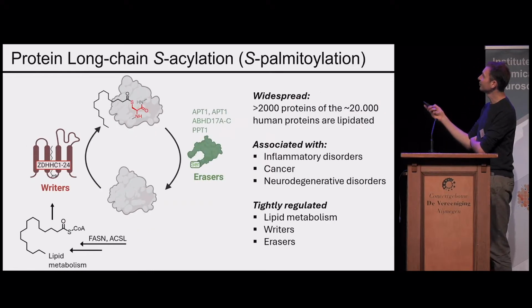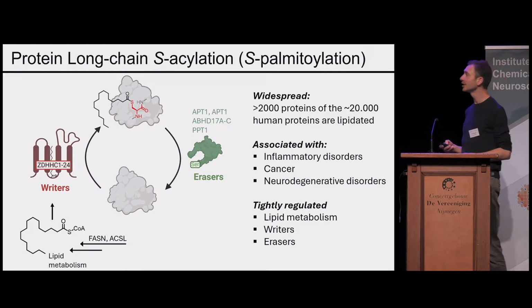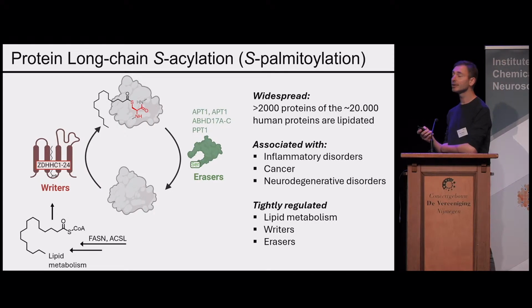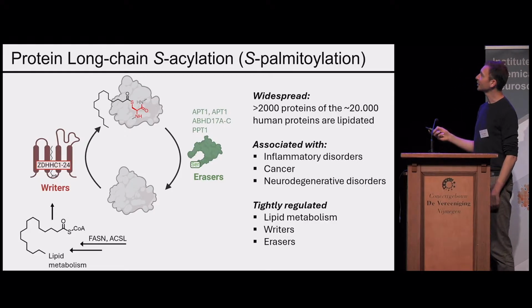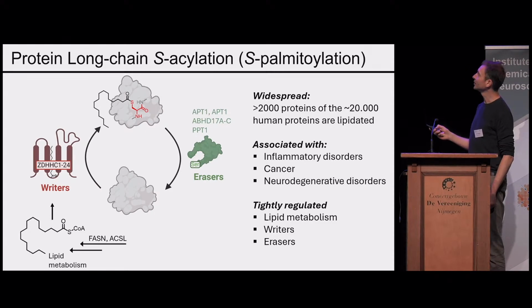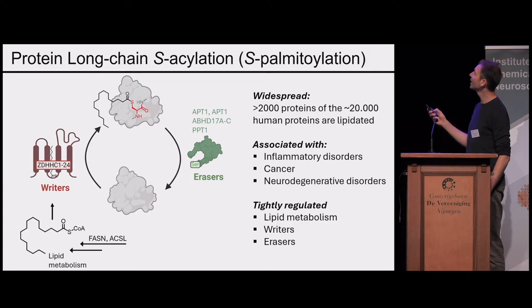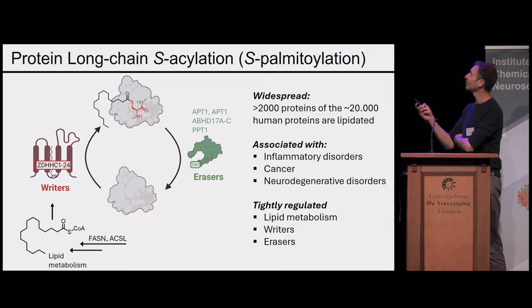So here is this reversible cycle. First these lipids need to be synthesized by the fatty acid synthetic machinery in our cells. Then these lipids can be loaded on these writers of palmitate, of which we have about 24, and these attach these lipids to substrate proteins. These lipids can again be removed by about 10 enzymes known to date.